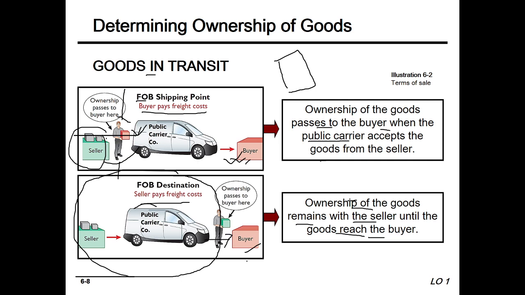In FOB destination, the buyer is not responsible here, it is solely the seller. And in FOB shipping point, when the seller passes the goods to the buyer, this portion is the buyer's portion. That means the buyer is responsible for any other occurrence with these goods. Okay. I think everybody is clear.